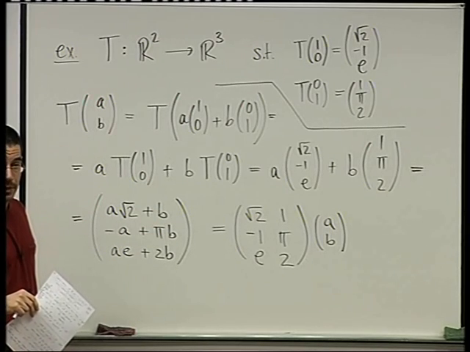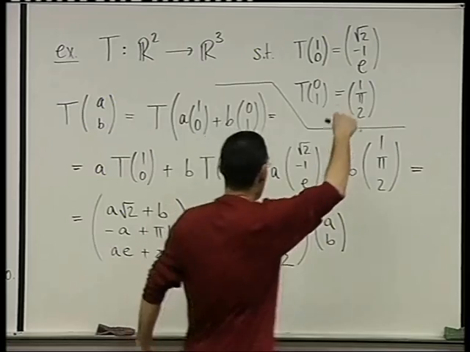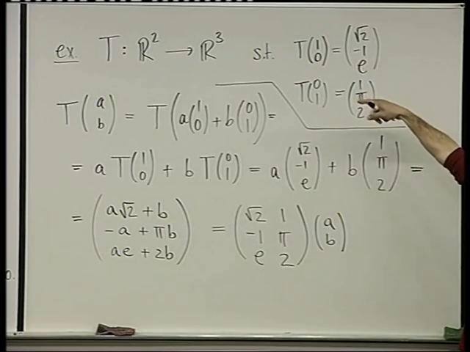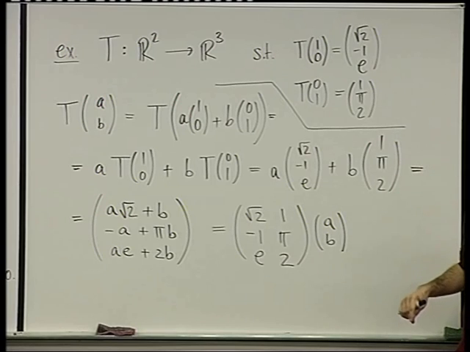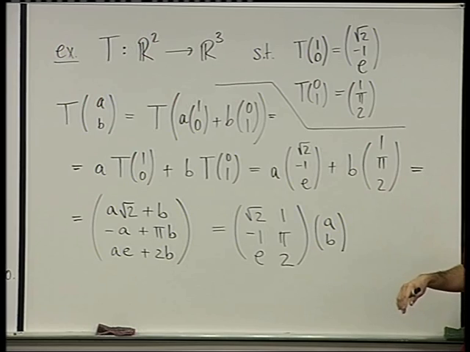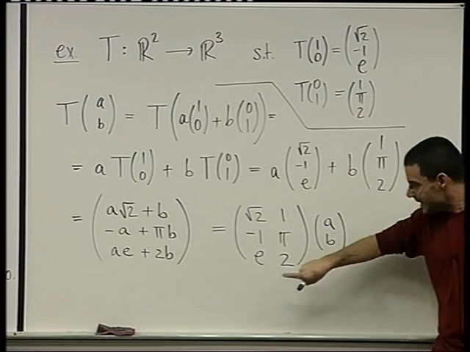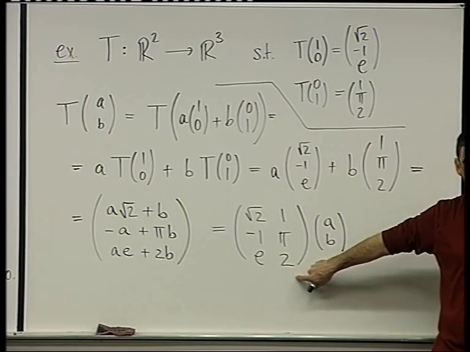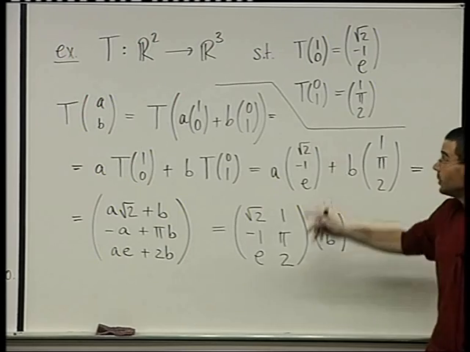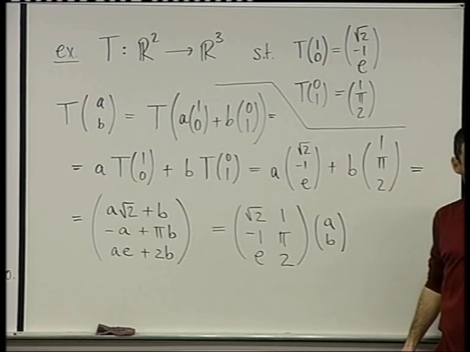Do you see that? So when I tell you what T does to basis elements, in fact, I fix T. There's only one T that's going to do it for the entire space. And it's in fact given by a matrix. The matrix is a matrix whose columns are T's of the basis elements.